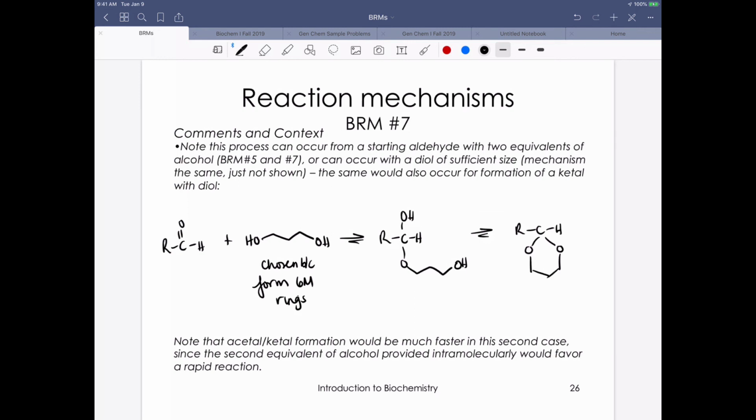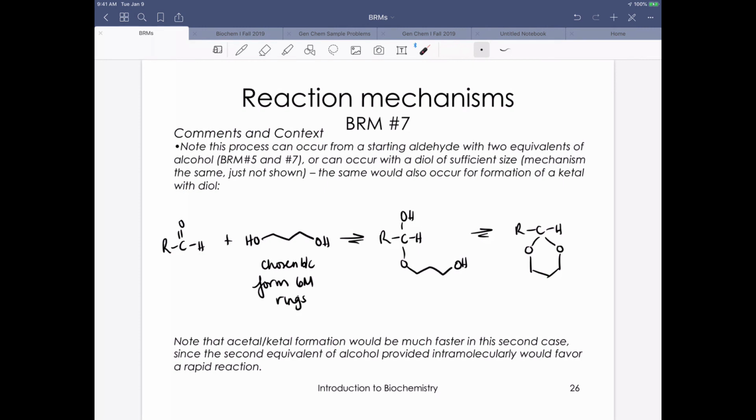And so this is often how you will protect carbonyl-containing functional groups in organic chemistry. So whether you have an aldehyde like we see here, or you have a ketone, using either a diol with 3 intervening carbons or 2 intervening carbons, which would give you the 5-membered ring here, those intramolecular reactions like we'd happen right here happen quite easily.